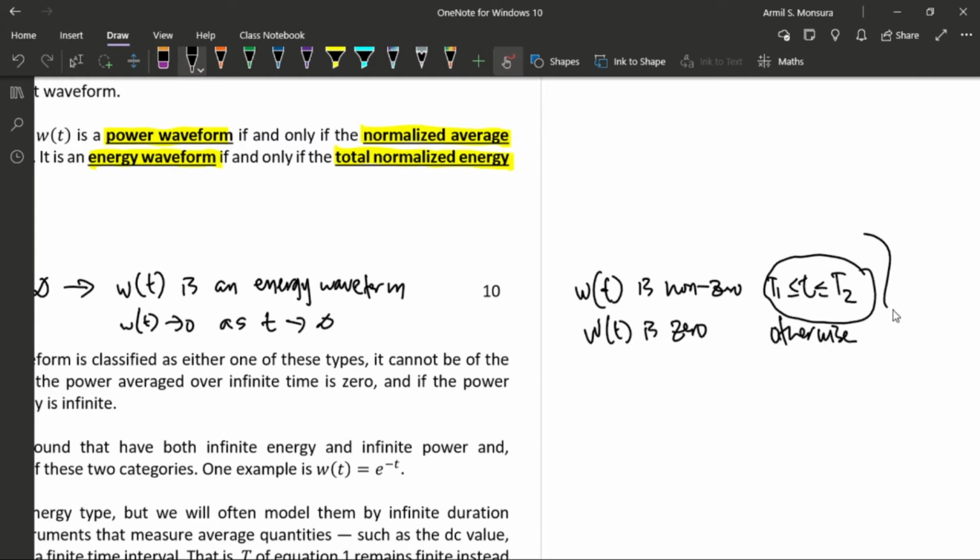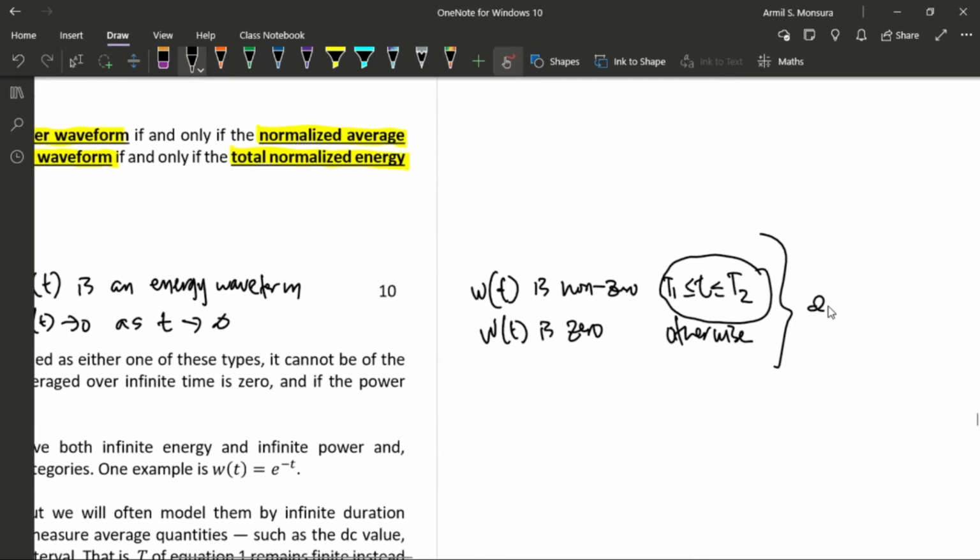This kind of waveform is characterized as an energy waveform. These are the waveforms that have finite duration.